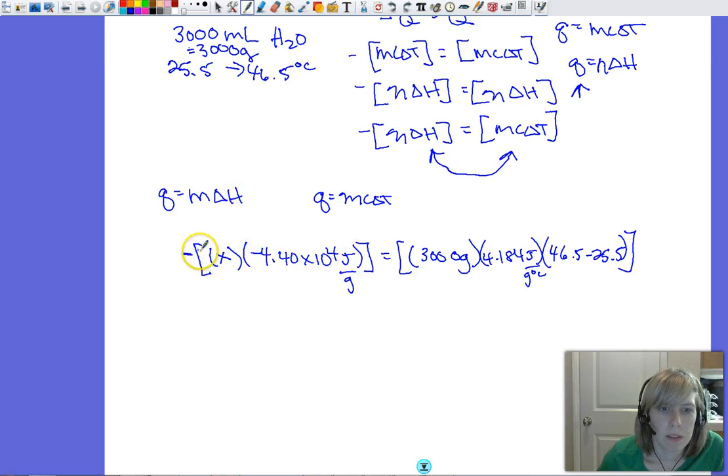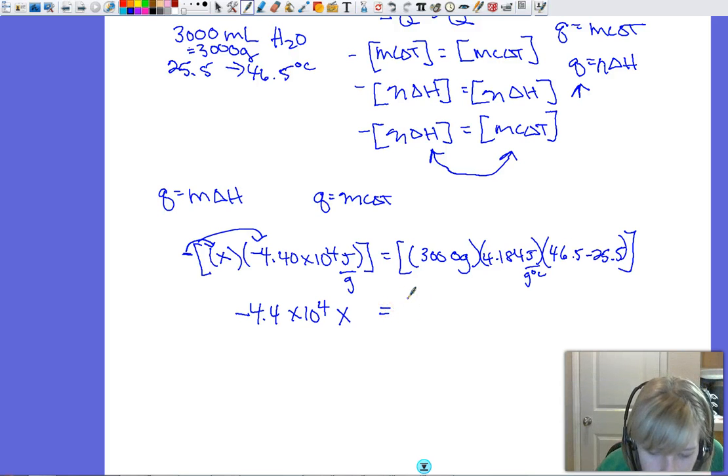Now this one's pretty easy to simplify. If we distribute this negative sign to both, so that's going to be negative x times 4.4, so we're still going to get negative 4.4 times 10 to the fourth x equaling this side, which we have 3,000 times 4.184 times the difference between 46.5 minus 25.5, and that gives us 26,359.